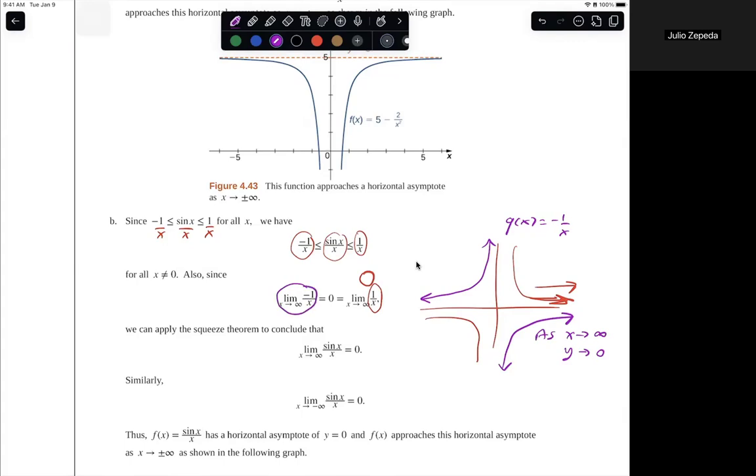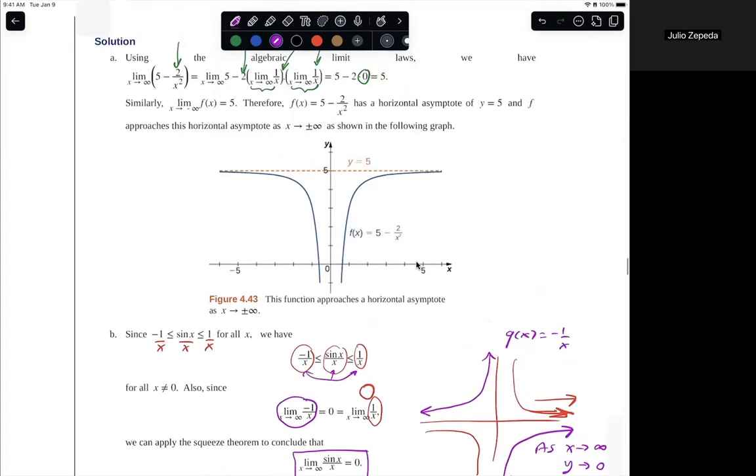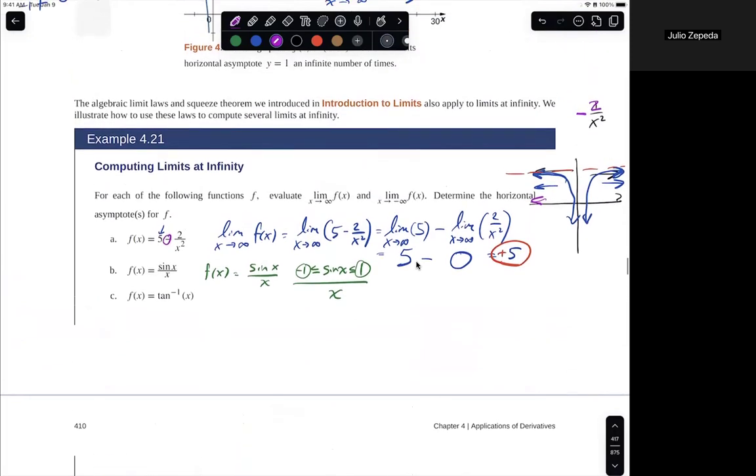Since both of these functions have a limit of 0, then the function in between those two should also have a limit of 0 as x approaches infinity. So that's the conclusion. That's a pretty nice way of doing it. The argument that I gave earlier is also fine. This is bounded between -1 and +1. The denominator grows infinitely large, making the fraction close to 0.